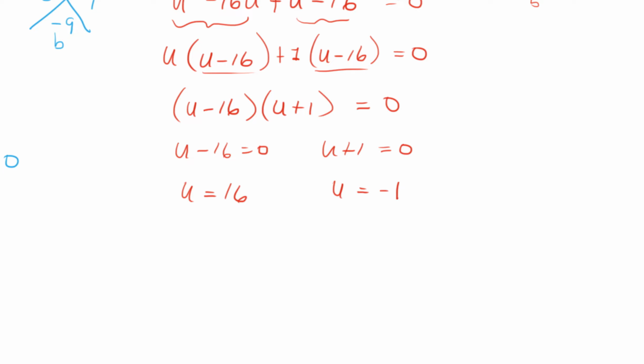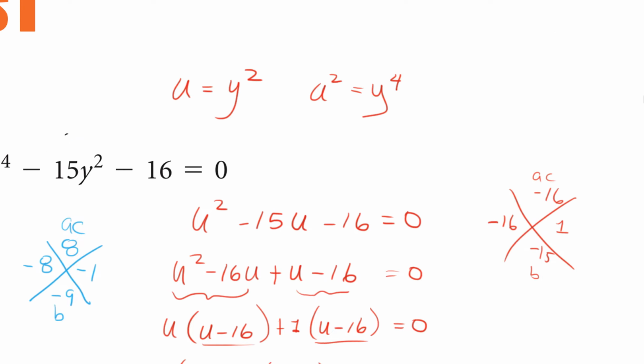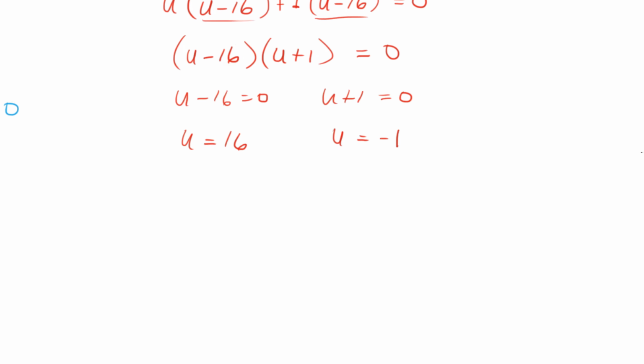Now the question is, what was u? U was y squared, so we gotta go back to that. So y squared equals 16, and y squared equals negative 1. Now we need y, right? We're not just looking for y squared, we're looking for y.